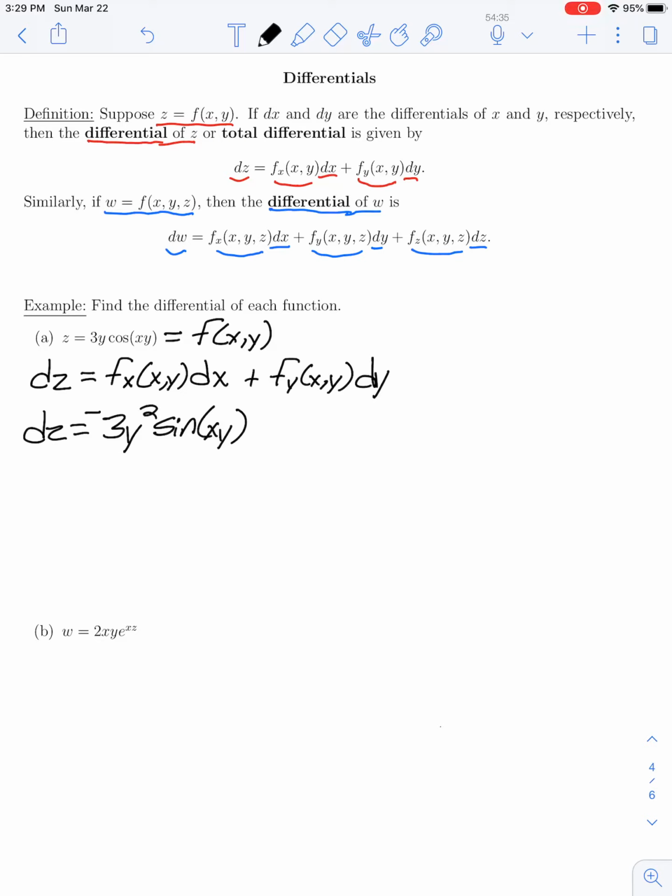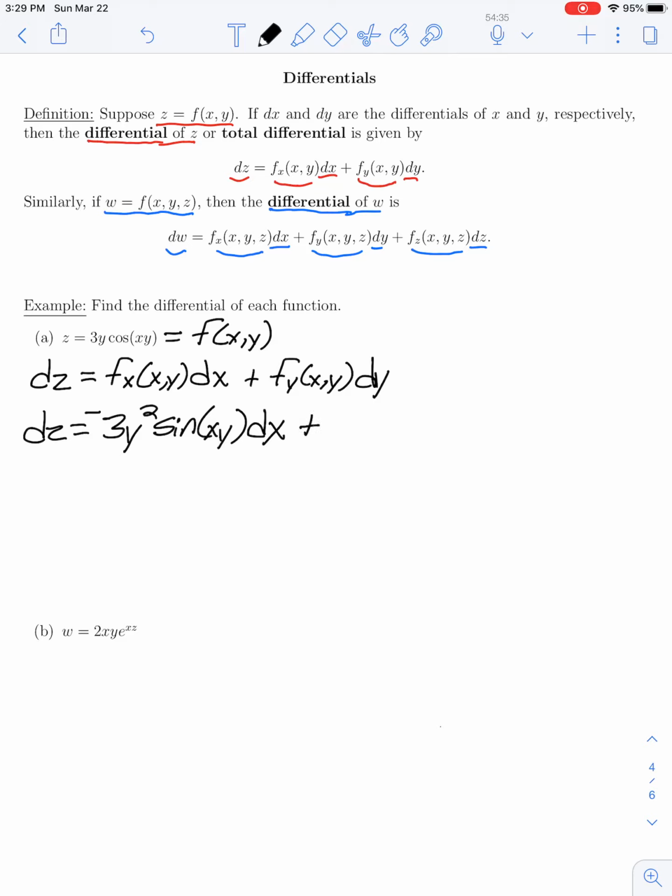So we have another factor of y out in front, which gives us a y squared. Altogether, negative 3y squared times sine of xy. And then we're multiplying that partial derivative by the differential of x, dx.